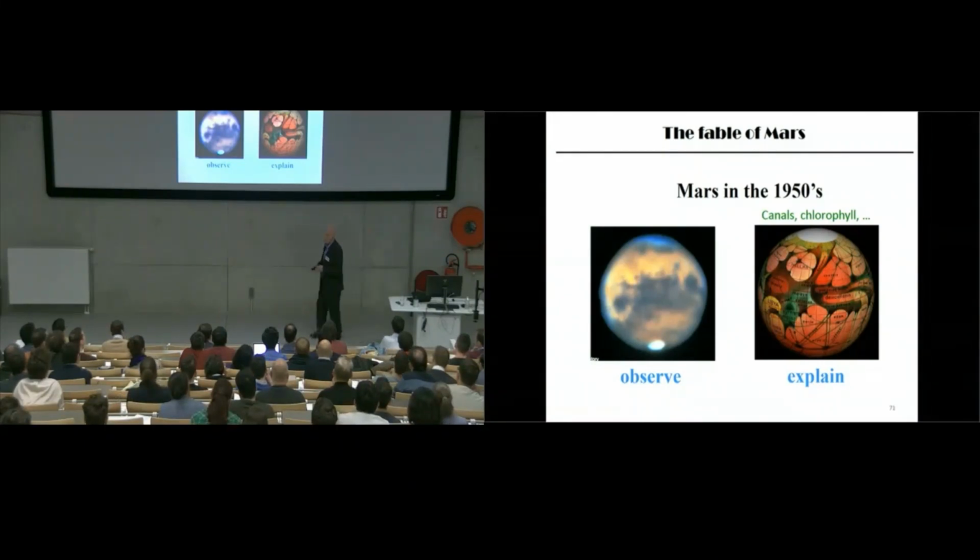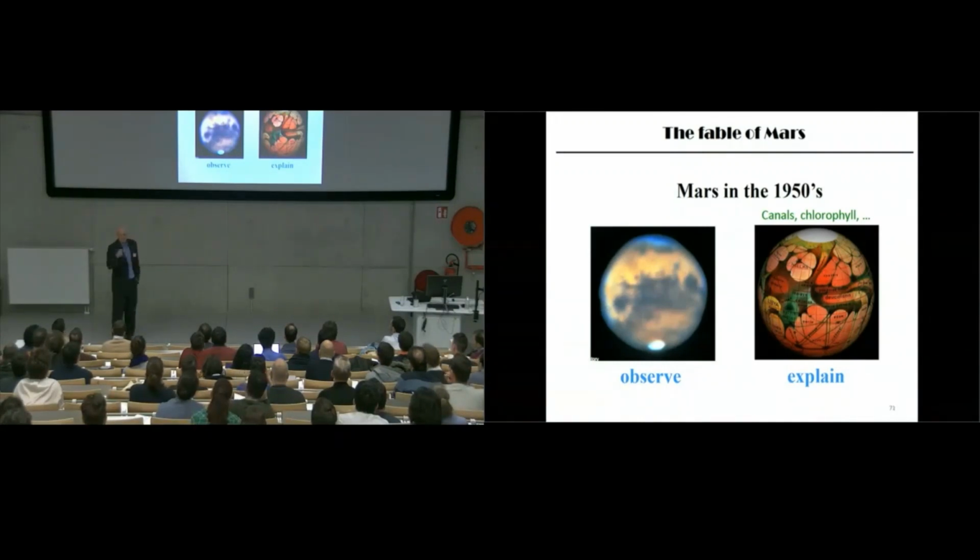Some guy had actually detected the footprint of the spectrum of chlorophyll in there. So these are plants. And this paper was in Science actually. So the explanation went completely wild.